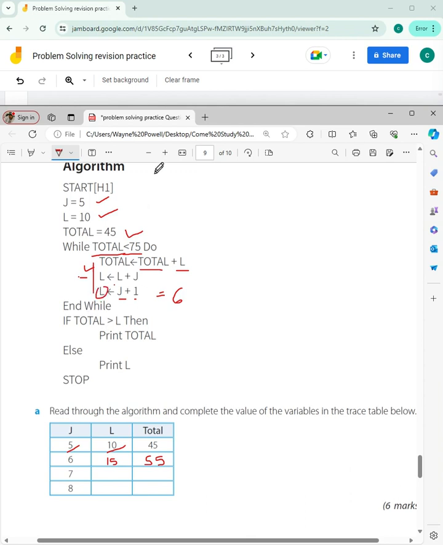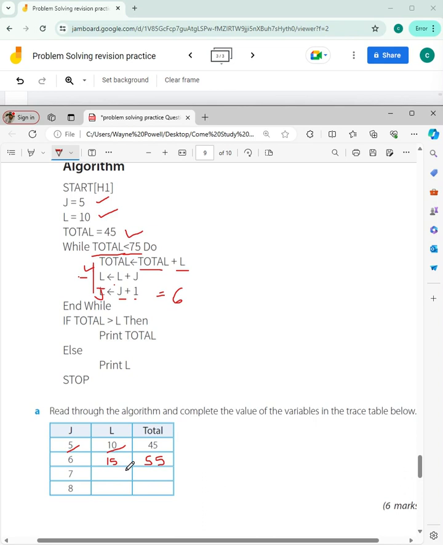This line should be J. J becomes J plus 1, which is 6. That looks like an error.